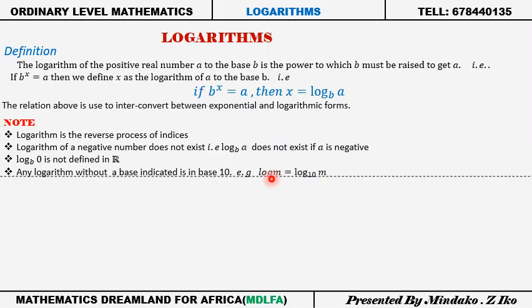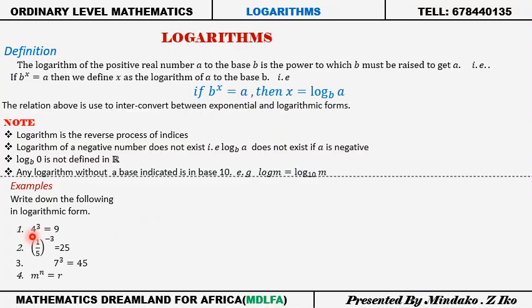Let's look at some of the examples. Write down the following in logarithmic form. Number 1: 4 power 3 equals 9. Let's look at the solution. 4 power 3 equals 9.